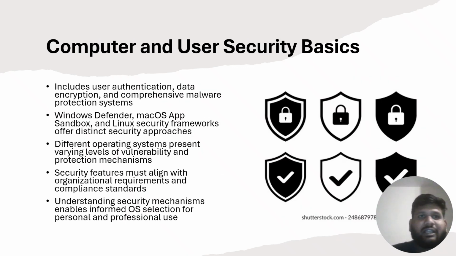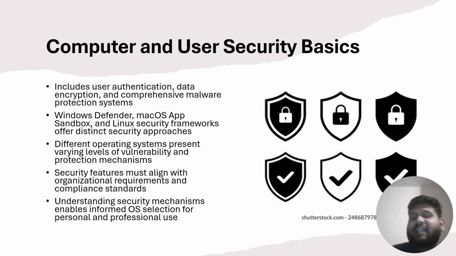Now, moving to the next slide, computer and user security basics. Security is a core consideration in an operating system. It involves user authentication, data encryption, and protecting against malware and viruses. Different operating systems take different approaches to security, such as Windows Defender in Windows or the App Scanner in Mac.